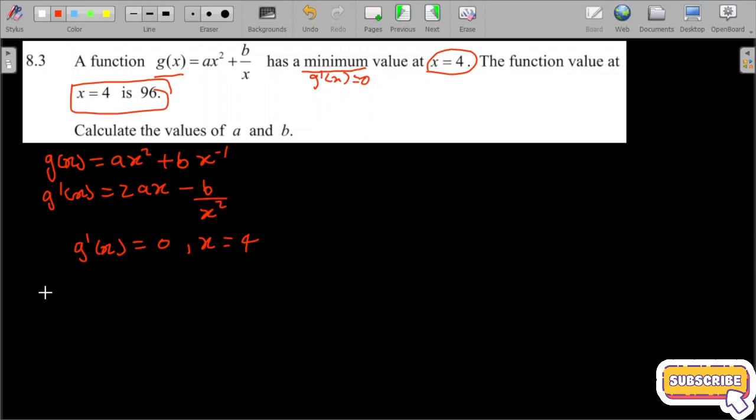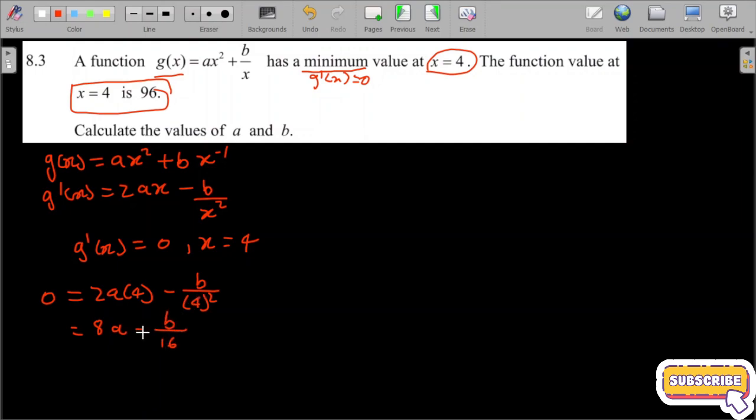Now let's substitute there. So 0 here is equal to 2a times 4, and then minus b over 4 squared. Now from here, this is going to be 8a minus b all over 16.